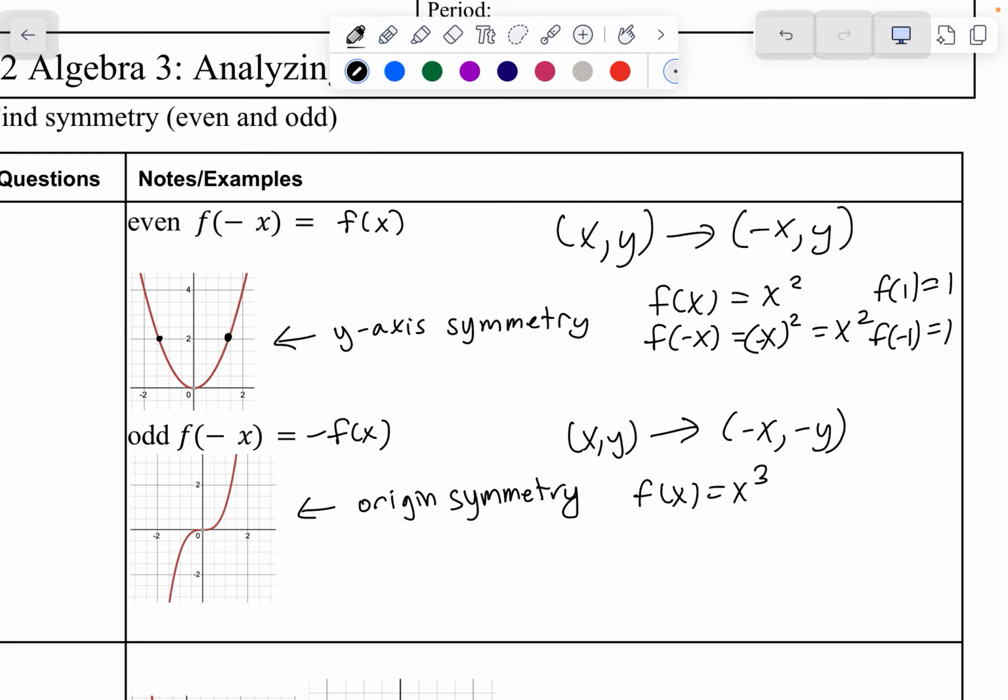But if you plug in negative x, you get negative x cubed, which is the opposite of the original. So I think about this as the same as our original.